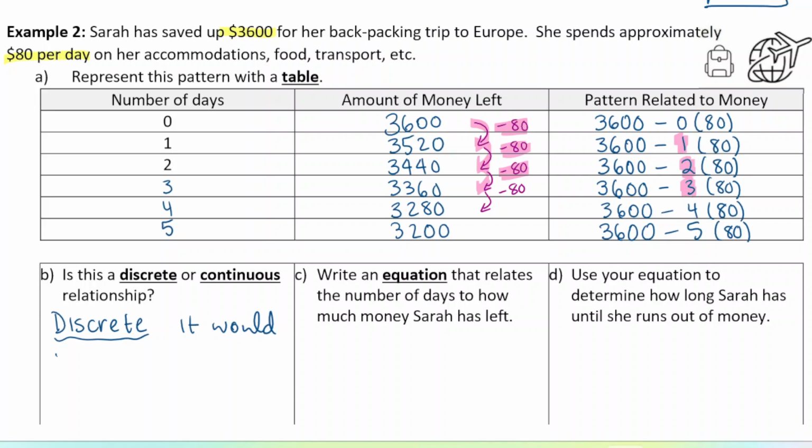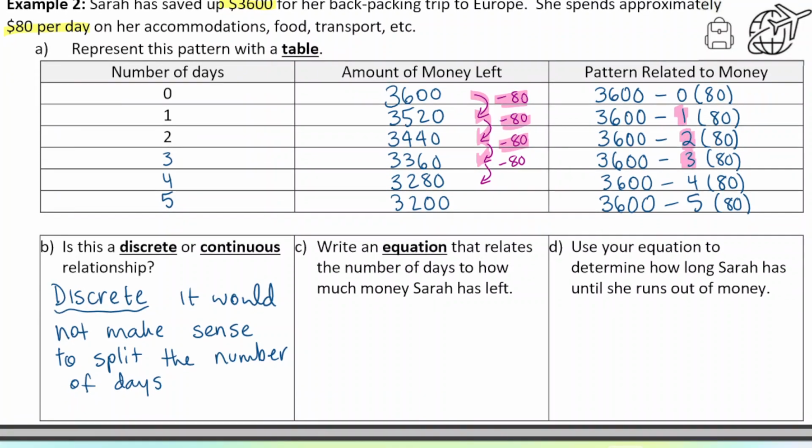So it would not make sense to split the number of days into smaller parts. It's just not practical for this example.